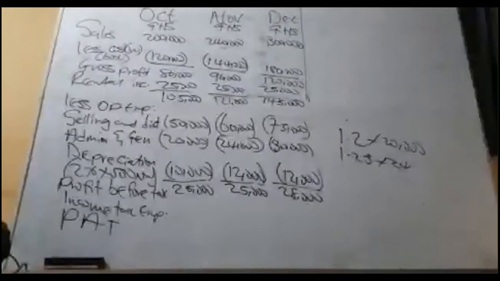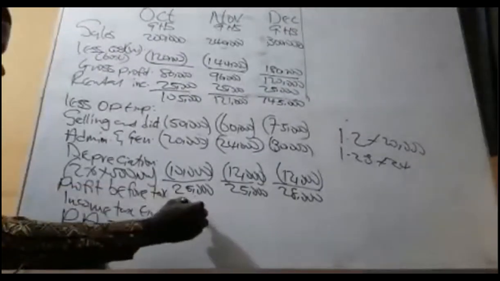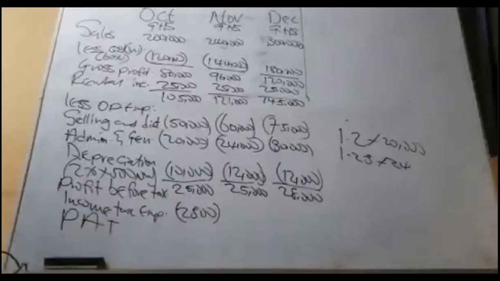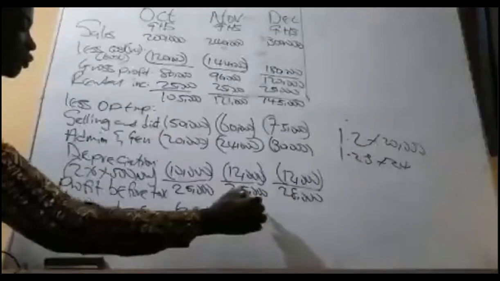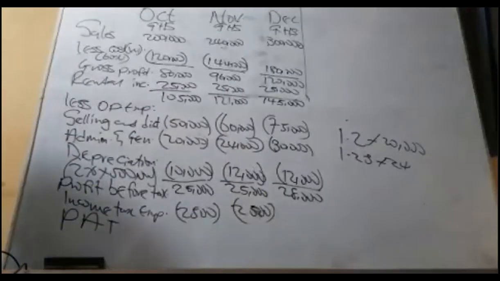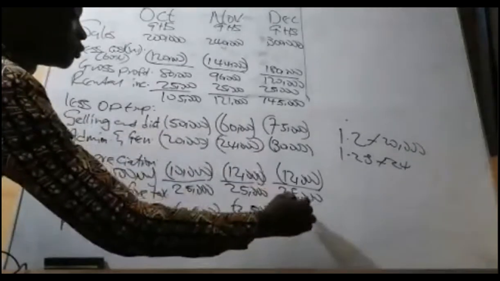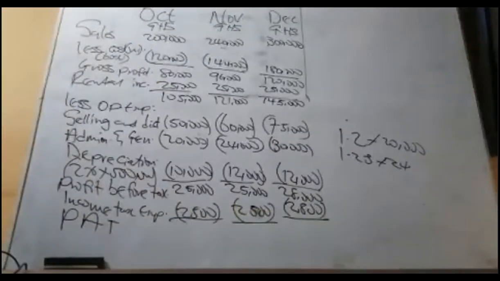Agreed. Good. So therefore, 10% of this will give us 2,500. 10% of this will give us 2,800. The same year, or the same month, or the same period. It must be recorded in the period that you incur them, not when you pay the amounts.